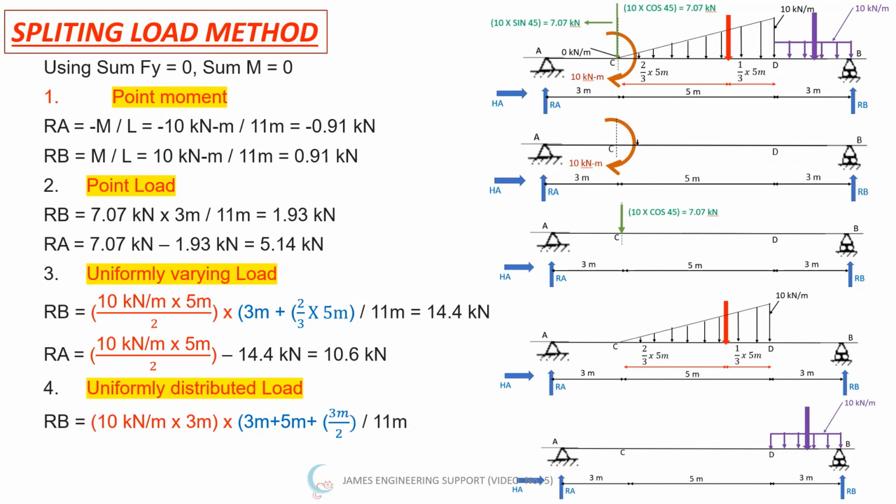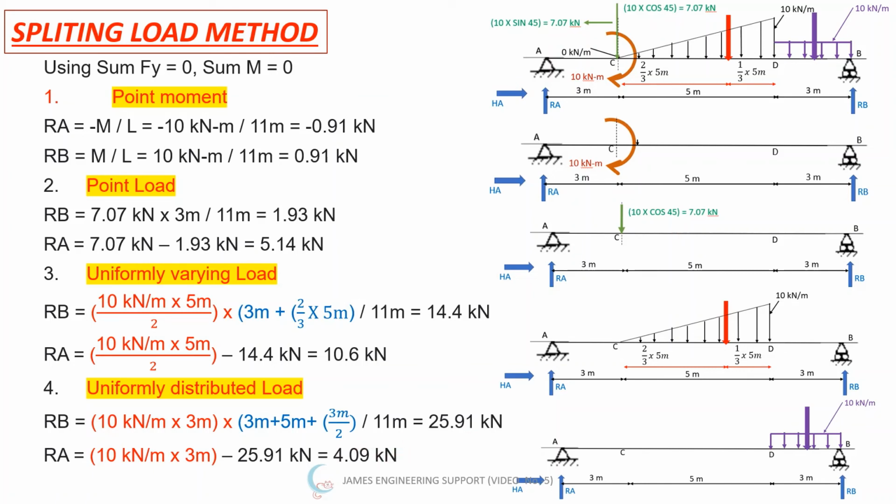After solving this equation, we will get the answer as 25.91 kilonewton. Then we will calculate RA. We can calculate it as 10 kilonewton per meter multiplied by 3. Then we will deduct the value of RB, that is 25.91 kilonewton, and after solving this, we will get the answer as 4.09 kilonewton.